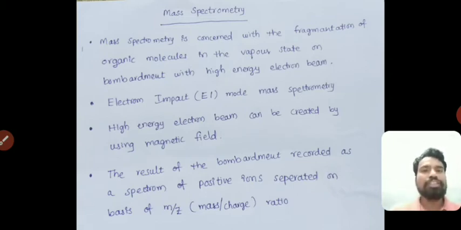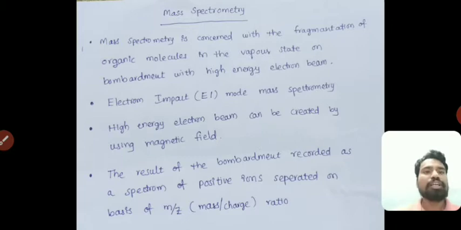We take an organic molecule in the vaporized state, and it is bombarded with an electron beam having high energy, that is, high kinetic energy and high speed. That high speed electron beam can be created through the magnetic field. This is the electron impact mode of mass spectrometry.